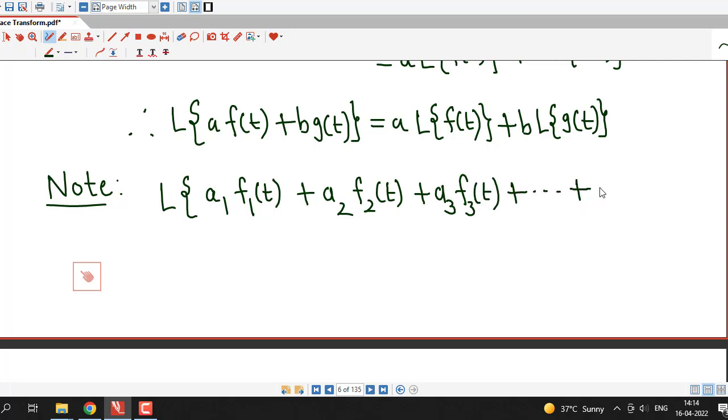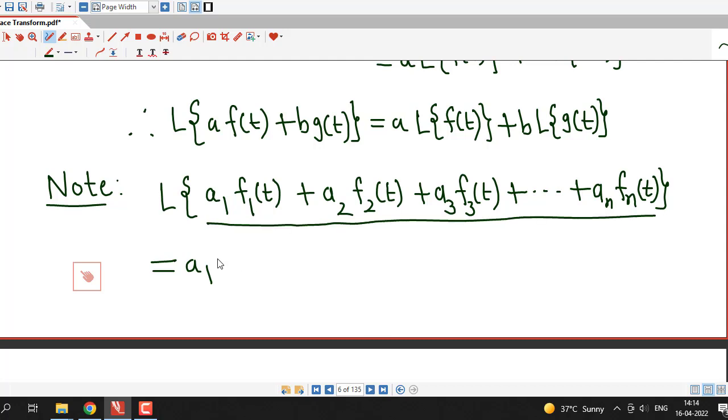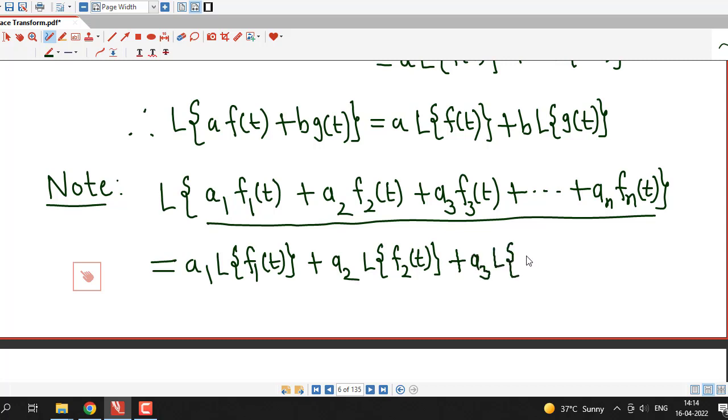So suppose I have n functions of t denoted by f1, f2 up to fn, and a1, a2 up to an are constants, then the linearity property says that the Laplace transform of this linear combination is equal to a1 times the Laplace transform of the first function, that is f1 of t, plus a2 times the Laplace transform of the second function, which is f2, plus a3 times the Laplace transform of the third function, that is f3, and so on, an times the Laplace transform of the nth function, which is denoted by fn.